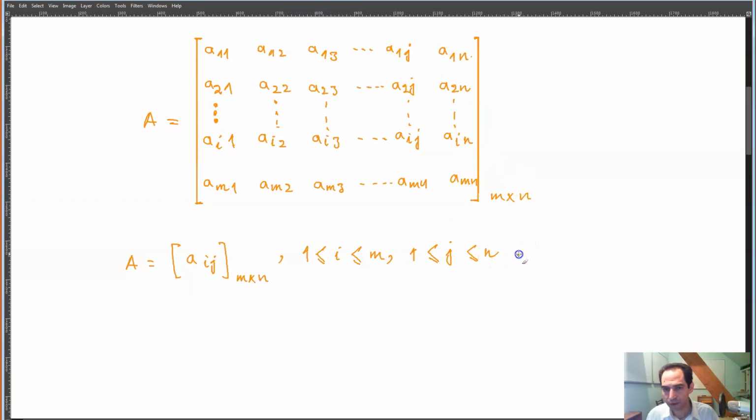And here i and j belong to the natural numbers. And of course you know that m and n also belong to the natural numbers, but that's not written here. That's kind of understood.